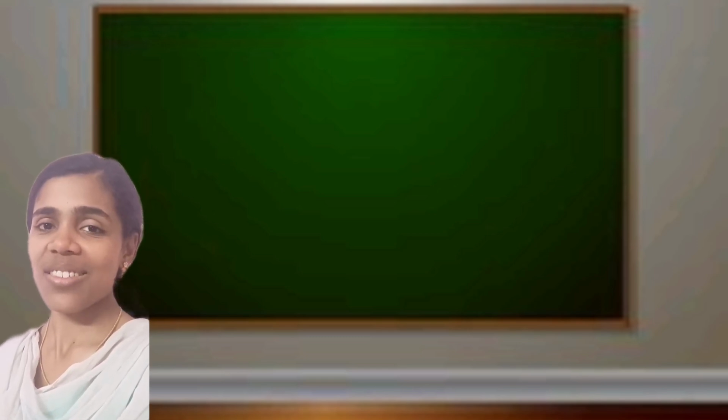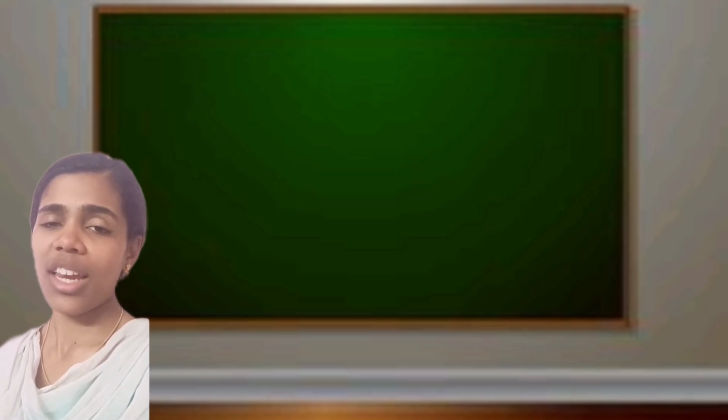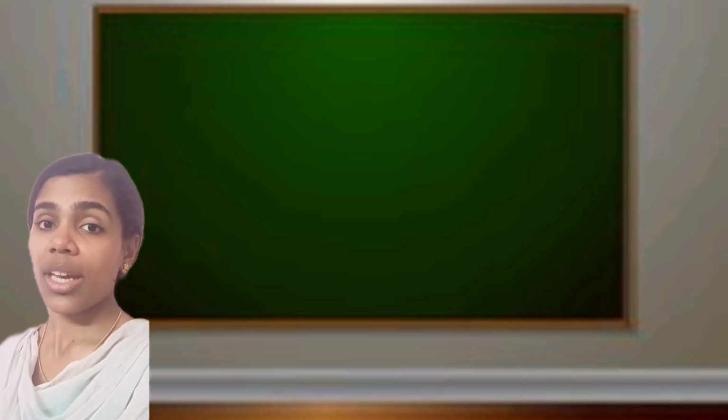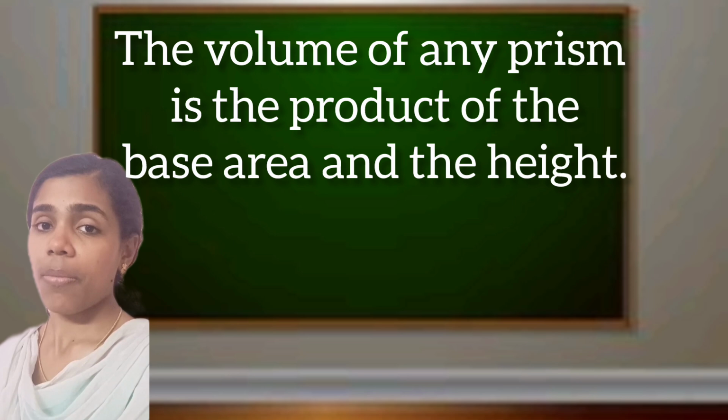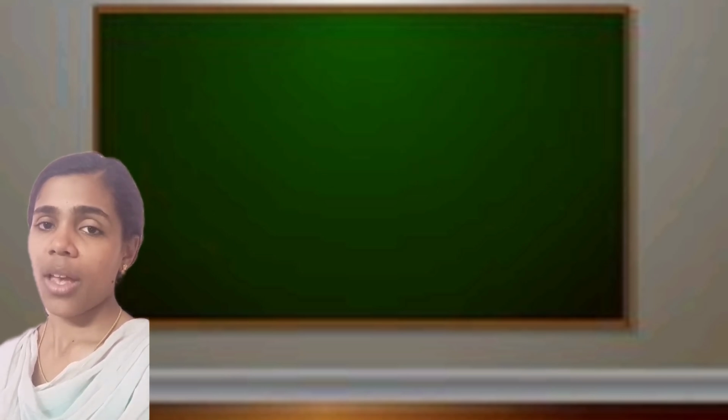Yes. Like this, we can compute the volume of any prism. So in general, we can say that the volume of any prism is the product of the base area and the height. Students, it is an important formula, so you want to note it in your notebook.